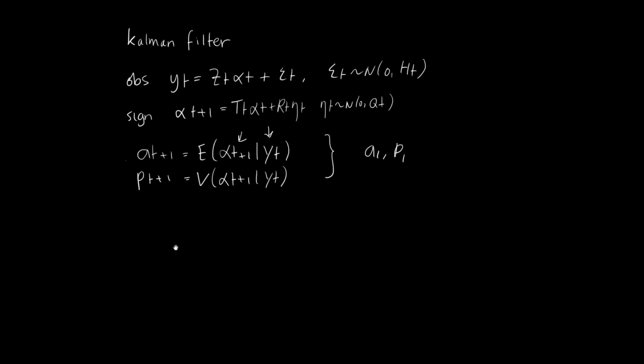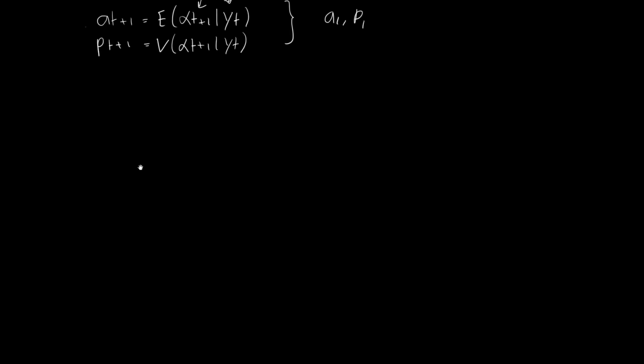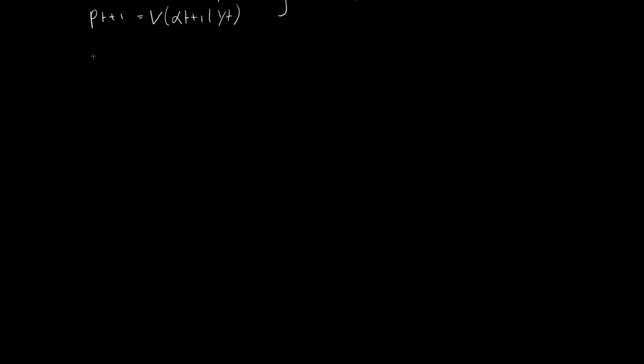So the actual Kalman filter is a series of 5 equations. The first one is the prediction error: v_t = y_t - Z_t a_t, where a_t is our best guess of the signal at time t given y_{t-1}.